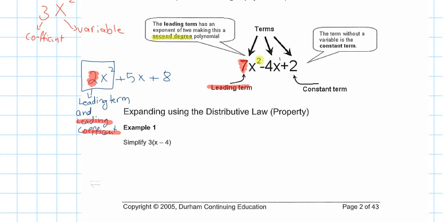Now, we're going to go to expanding using the distributive property. The example that I always use is the combo example. Let's say you're going to Taco Bell and you want to order combos. Your combo is 2 tacos and a pop.